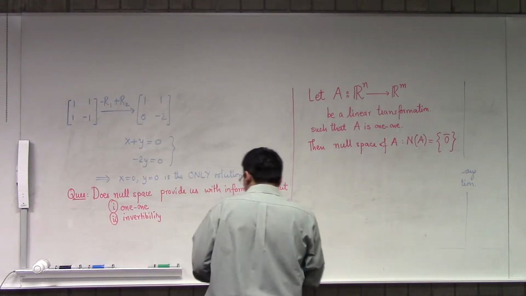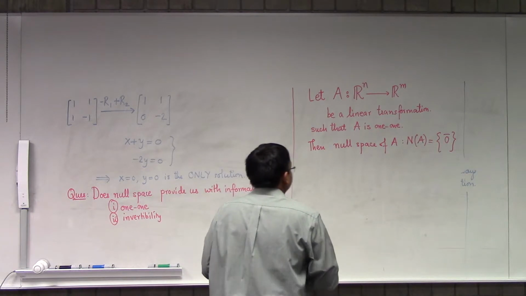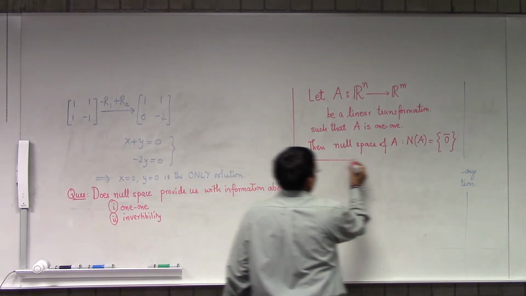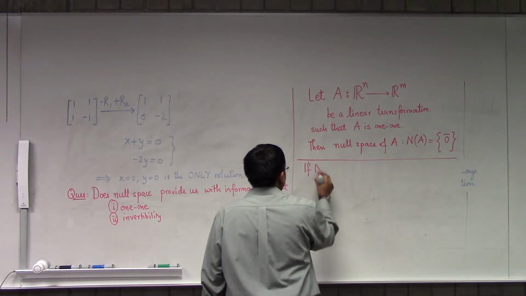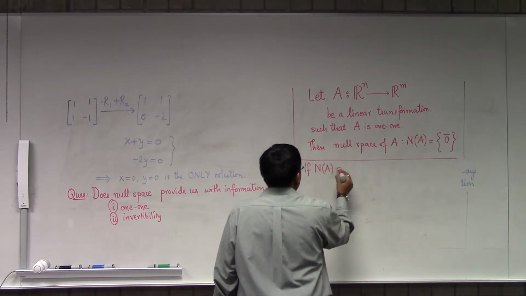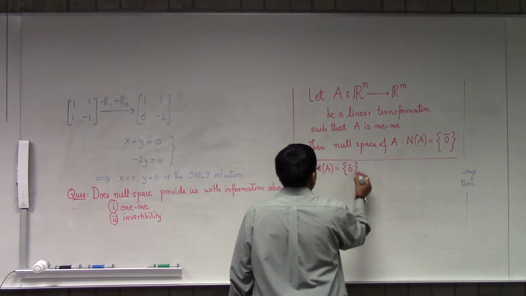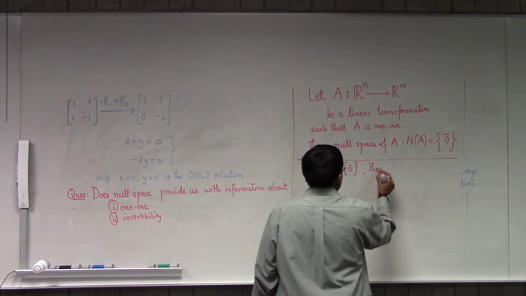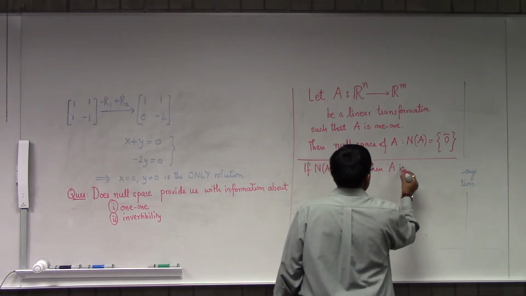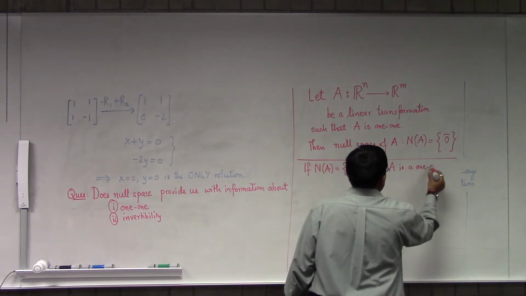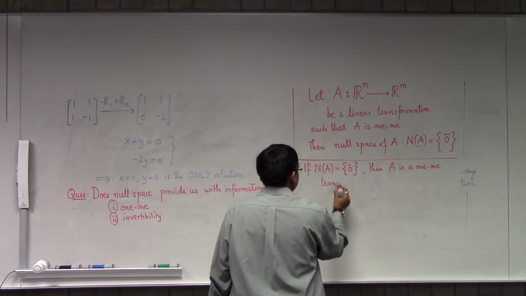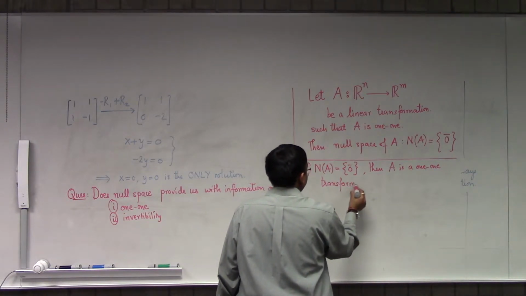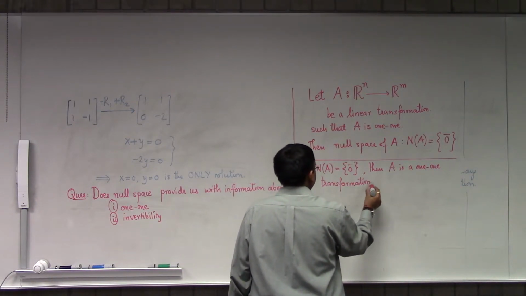So saying the null space will have only the 0 vector is a trivial consequence of 1 to 1ness. What we are interested in is the other direction. If the null space of my linear transformation has only the 0 vector, then A is a 1 to 1 transformation. This is the one that is of more interest to us.